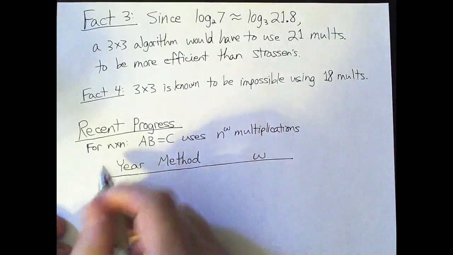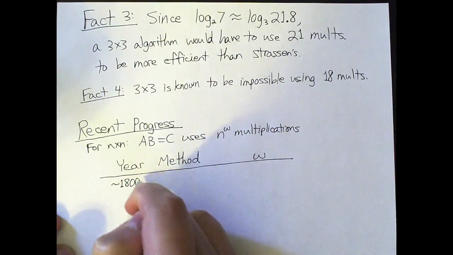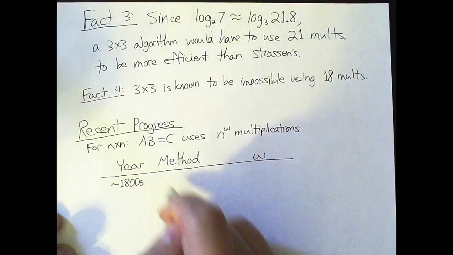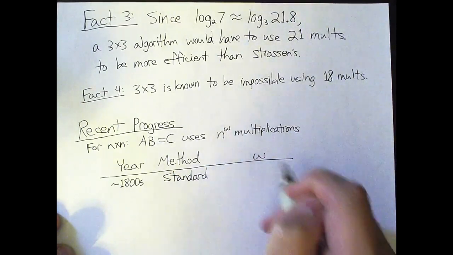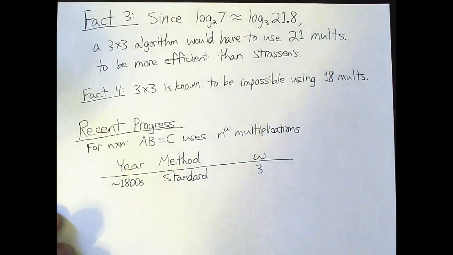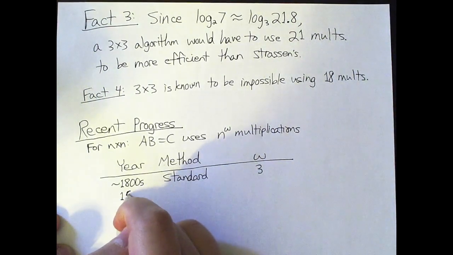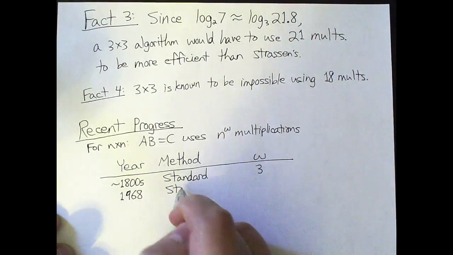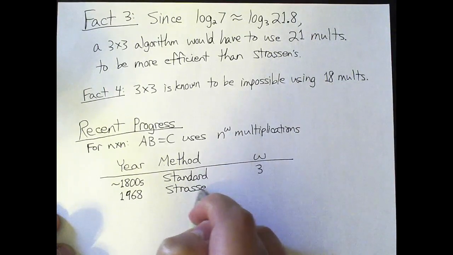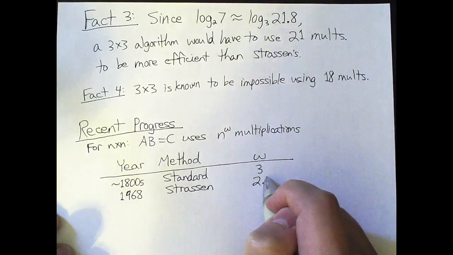All right, ready? First of all, our story begins before all of this. In the 1800s is when the standard method was popularized, and in that case, omega is 3. Everybody used the standard method for a long time, and then in 1968, which I would really like to emphasize is really not that long ago in terms of how long people have been studying math, right?